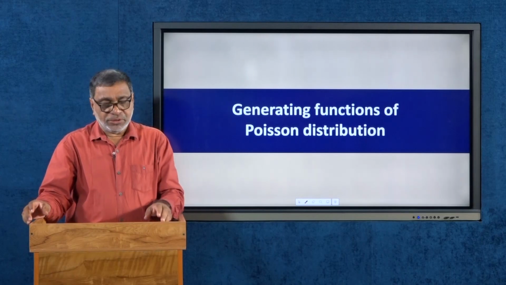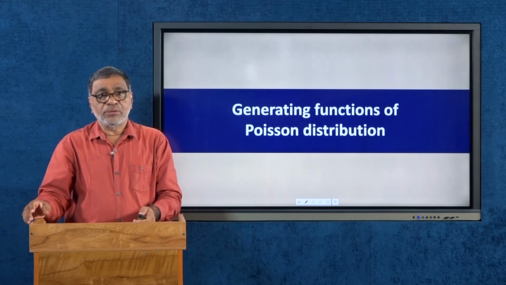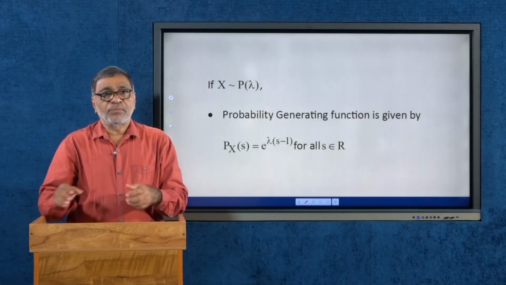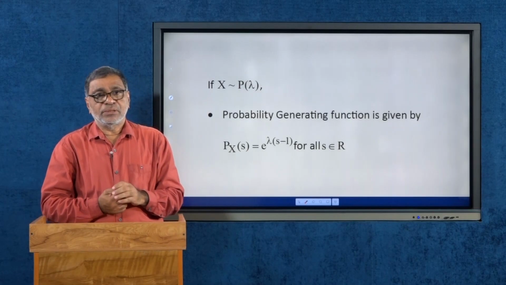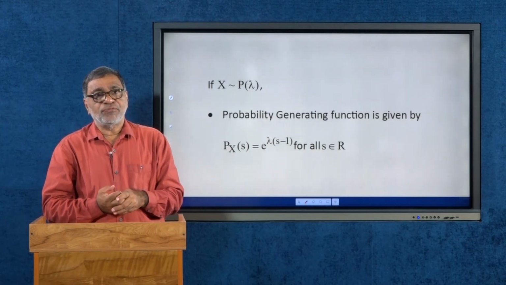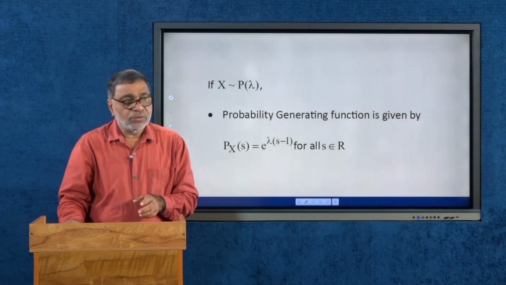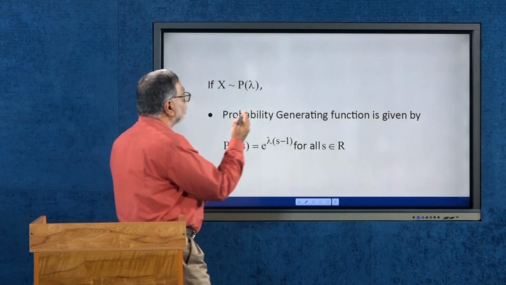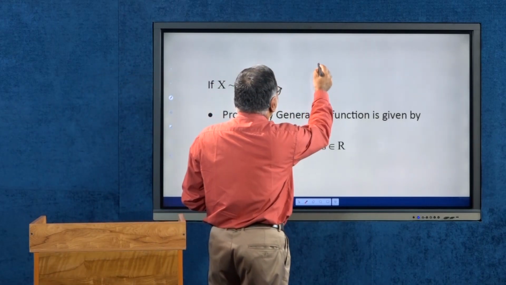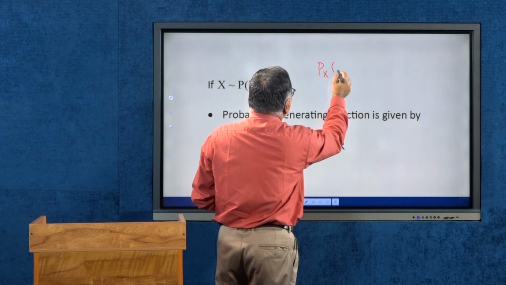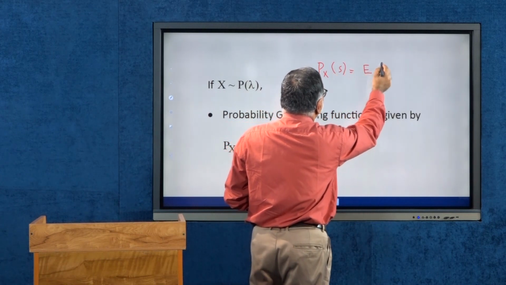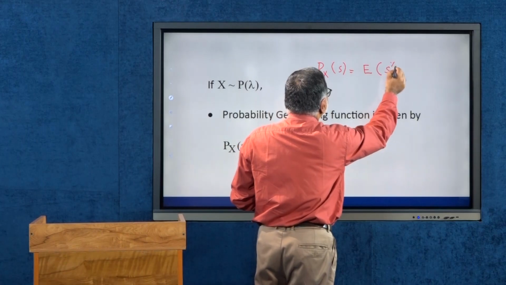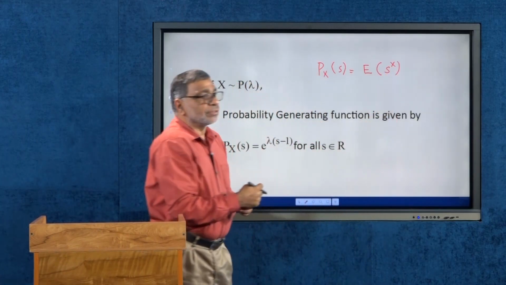And the probability generating function, by definition we know, is P_x(s) equal to the expectation of s power x. The probability generating function P_x(s) is defined as the expectation of s power x, where s is a real number.